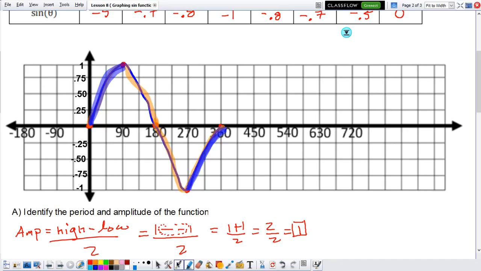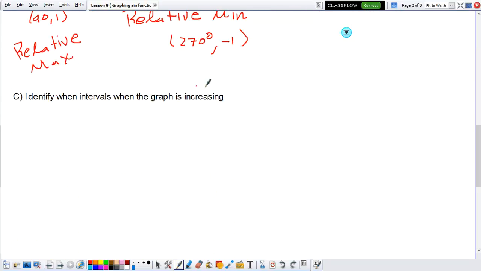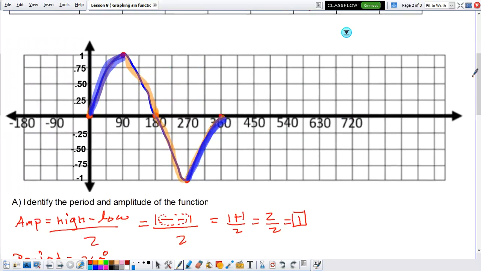So all we gotta do is just write it down. When is my graph increasing? It was increasing from 0 degrees until it hit 90 degrees. So let's write that down. Identify the intervals. So from 0 degrees to 90 degrees, that's one of the intervals. And what was the other interval?